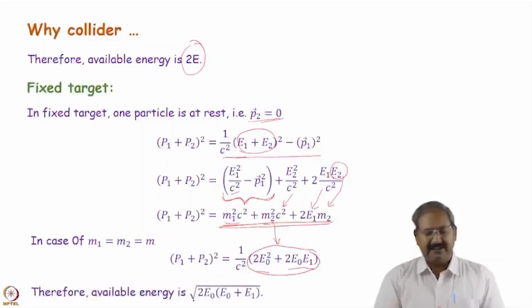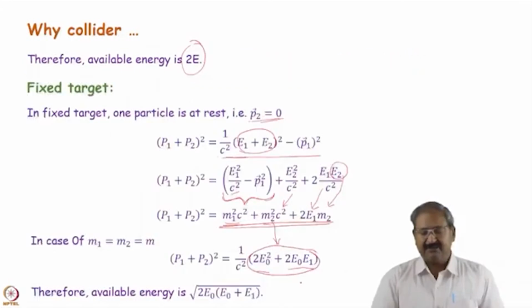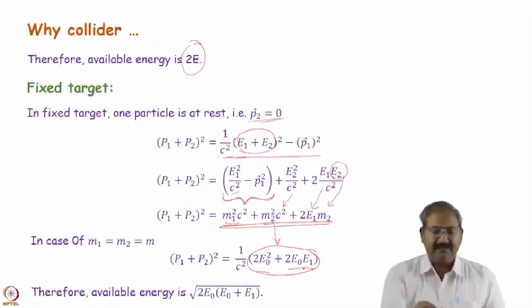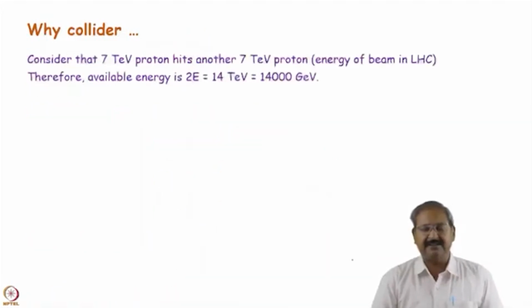So the total energy available is square root of 2E0 times (E0 plus E1). In the case of colliding beams, the available energy was 2E, while in the fixed target experiment, the energy available is this one. This is much lesser than the colliding beam energy.